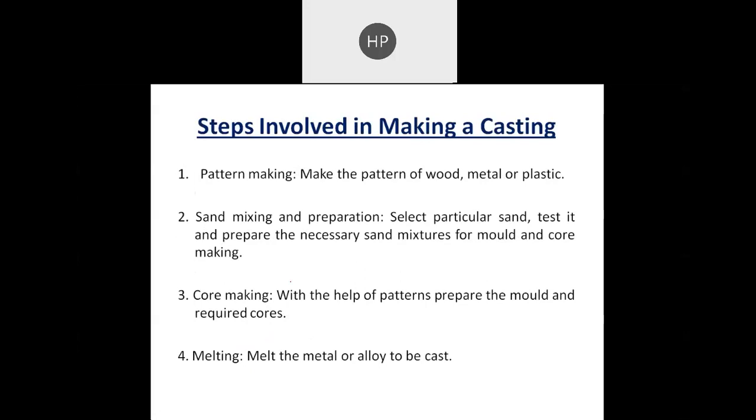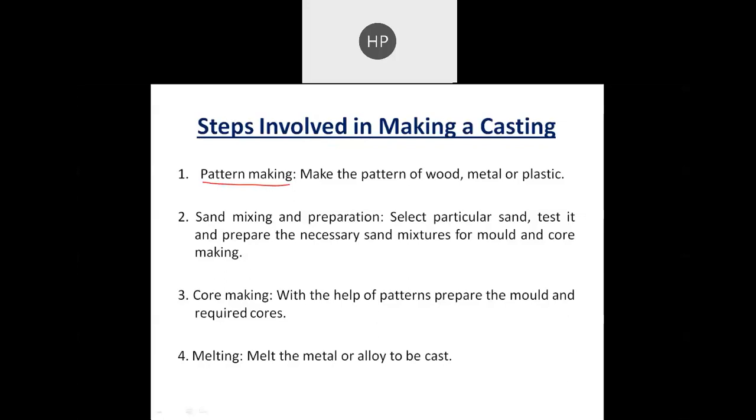As we discussed earlier, it is a process which follows step by step. So it is important to note the important steps involved in a casting process. First, pattern making. What is a pattern, first of all?